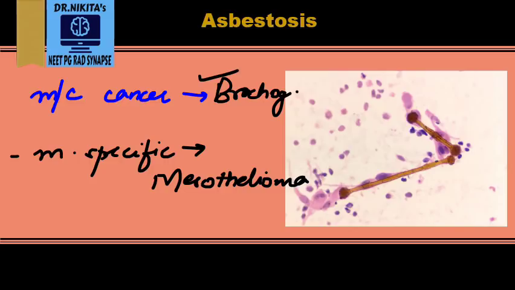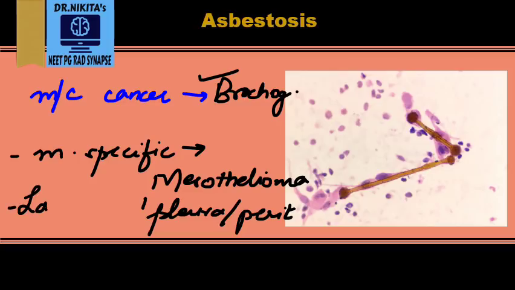Mesothelioma of both pleural and peritoneal cavities is seen with asbestosis. Apart from that, the other cancers associated with asbestosis are laryngeal cancers, CA larynx, and CA colon as well.